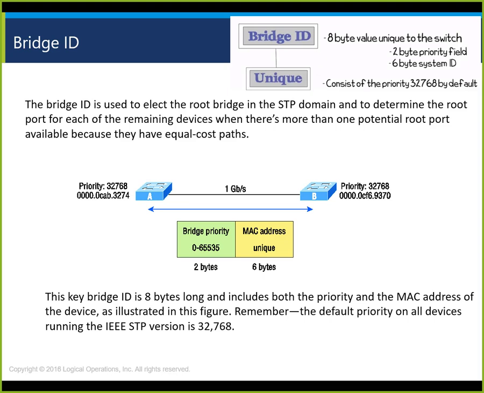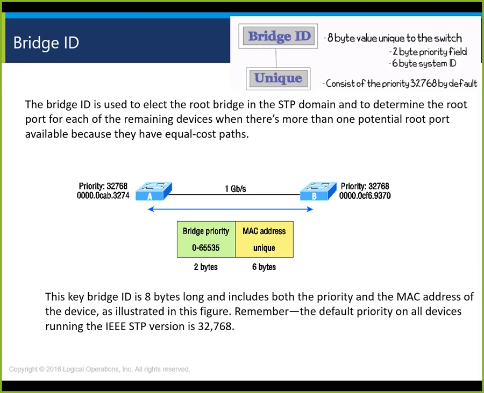So the bridge ID, if you look here, is an 8-byte value unique to the switch, a 2-byte priority field, and a 6-byte system ID. Unique, consistent. The priority is 32768 by default, and the 6-byte system ID is going to be the MAC address.